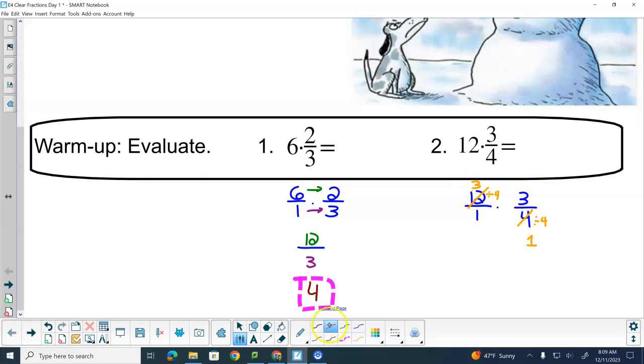I forgot to put on here, divide by 3. 3 gets me that, and that gets me then across the top 3 times 3, which is 9, over 1 times 1, which is 1. Which we could just call 9 written over 1, so we just call it 9. Okay?